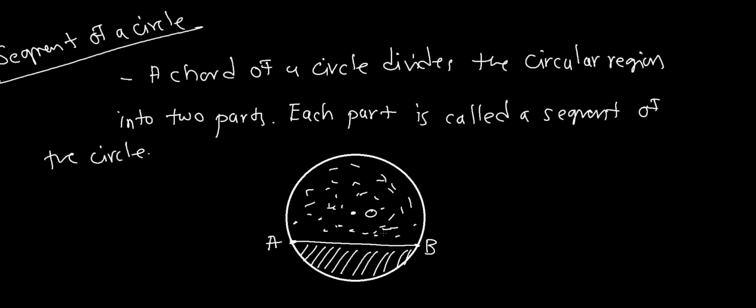So it divides it into two parts, and we say that this is the major segment of the circle with center O, and this is the minor segment.